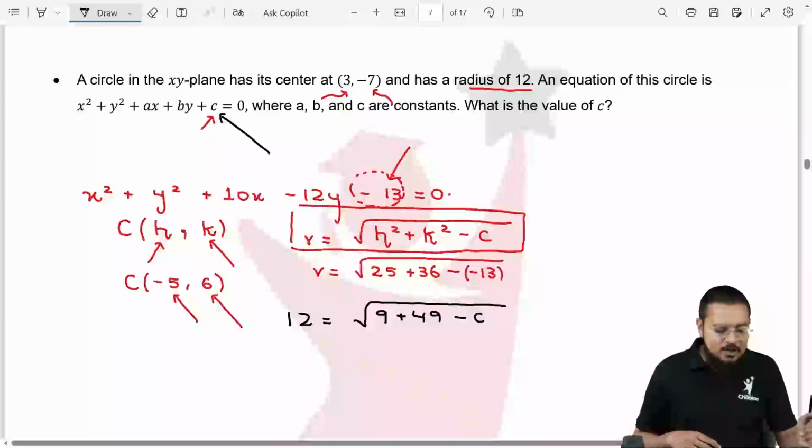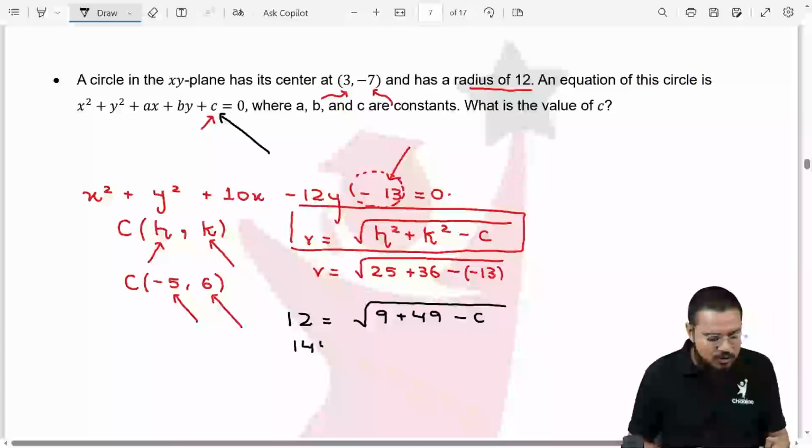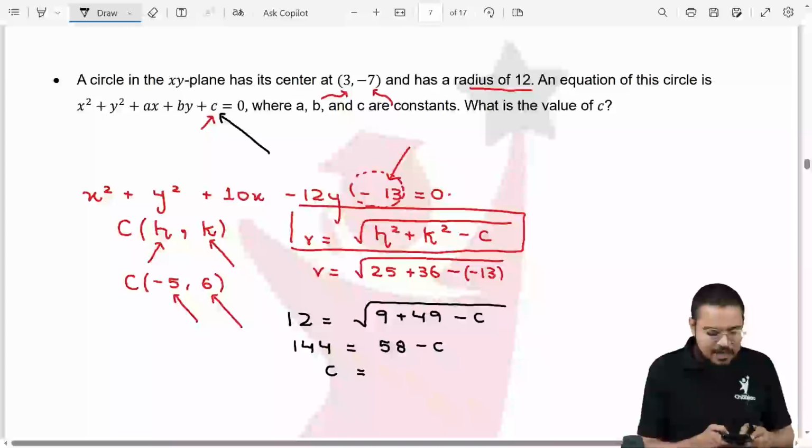Squaring on both sides will give you 144 over here. And then 9 plus 49 is 58 any day, minus c. Once you simplify this for your constant c, you will get 58 minus 144, that's coming out as negative 86. Negative 86, that's the value of your constant c.